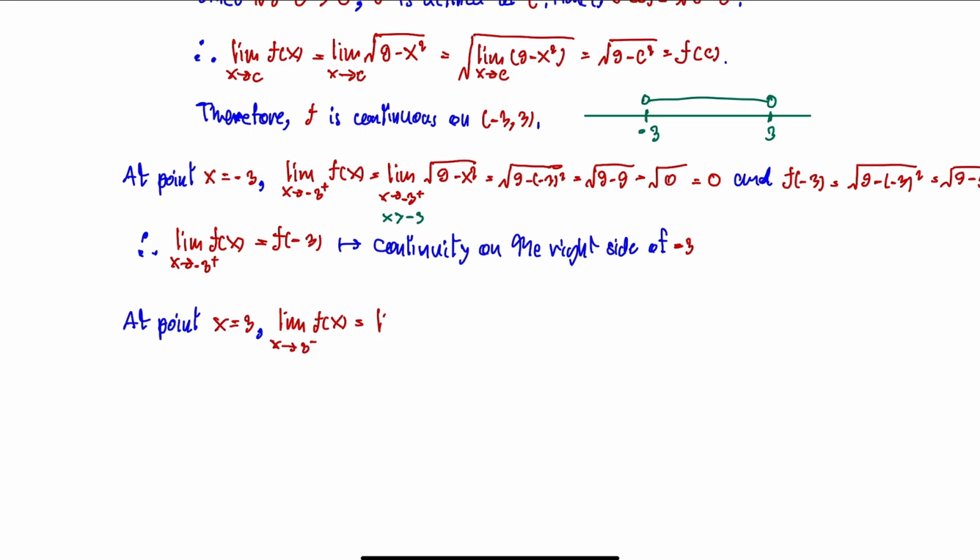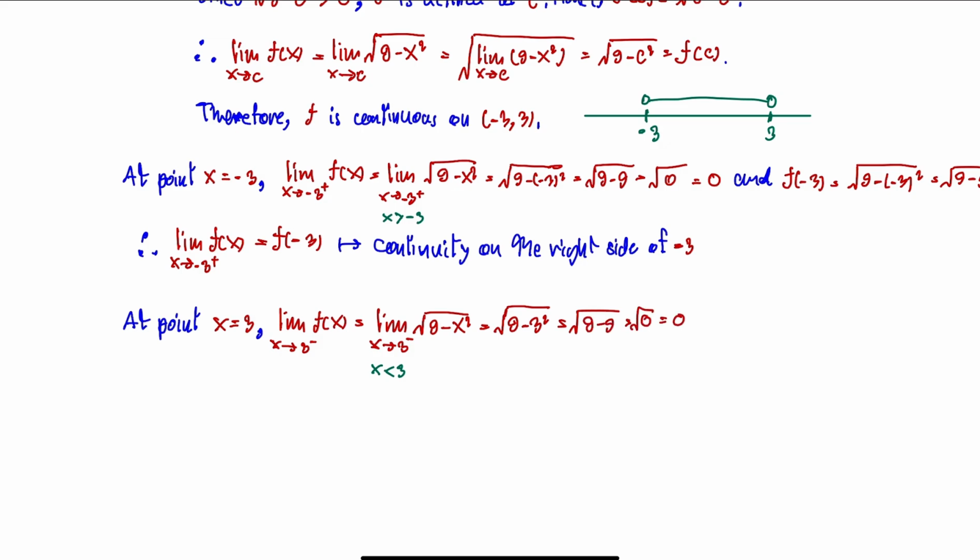So we have the limit as x approaches 3 from the left of the square root of 9 minus x squared. We're going to have x less than 3, right? So this means x approaches 3, but x is less than 3. So we're going to have the square root of 9 minus 3 squared. That means this function approaches 0.